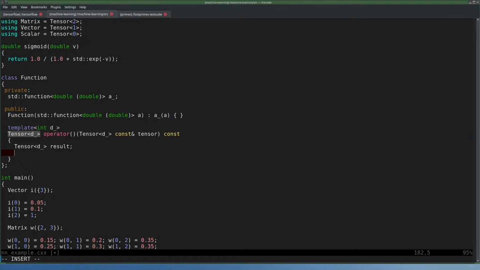How do we apply my function? I should just, element-wise, have access to flat, I guess.